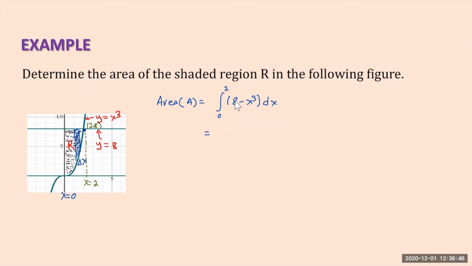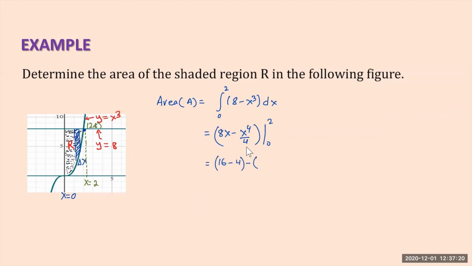Integration of 8 with respect to x is 8x. Then minus the integration of x cubed, which is x to the 4 over 4. And we have to evaluate this between 0 and 2, which we can do using the fundamental theorem of calculus. We plug in the upper limit. So 8 times 2 is 16, minus, we plug in 2. So 2 raised to 4 is 16. 16 over 4 is 4.